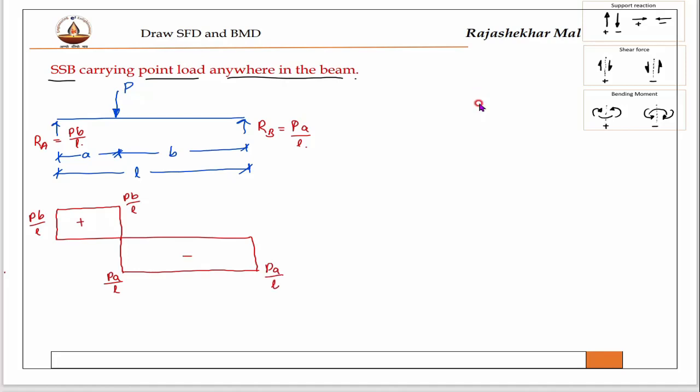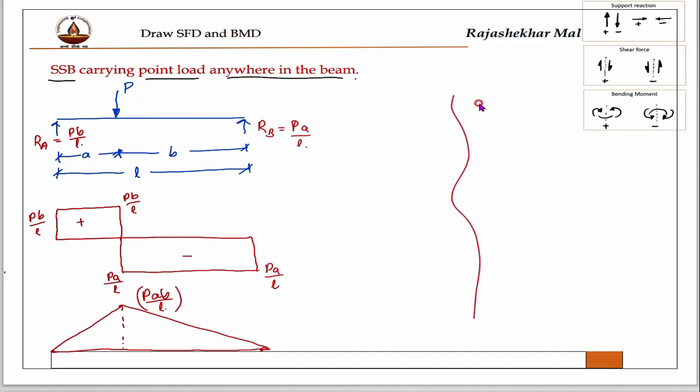Then the bending moment diagram, you will get it from here. The maximum is below the point load and straight joining, and this maximum height is PAB by L. PAB by L is the maximum bending moment. Okay, you work out this side and you will get the same answer.